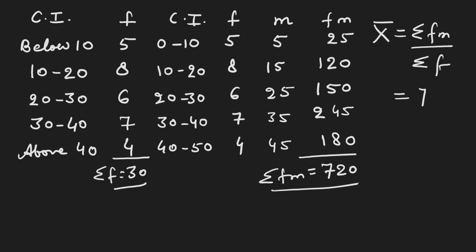We put 720 as summation fm, and summation f is 30, and if we divide it we will get 24 as the x bar. So our mean will be 24. So 24 is our answer in this case.